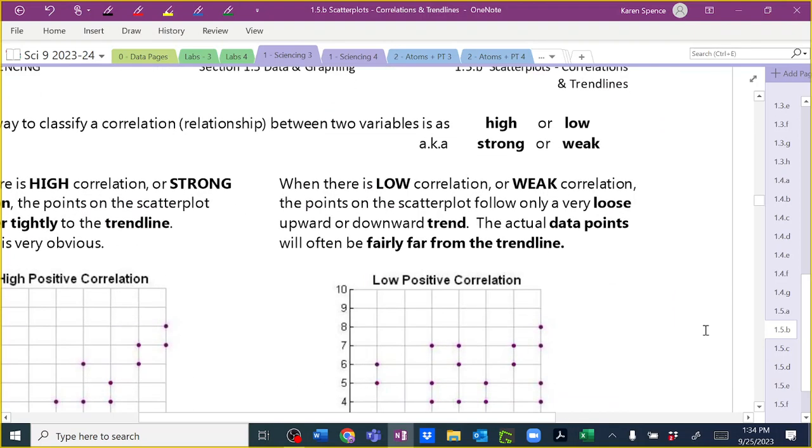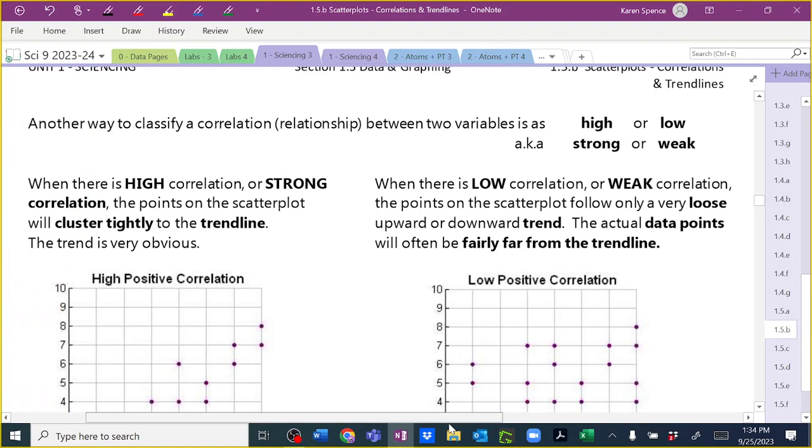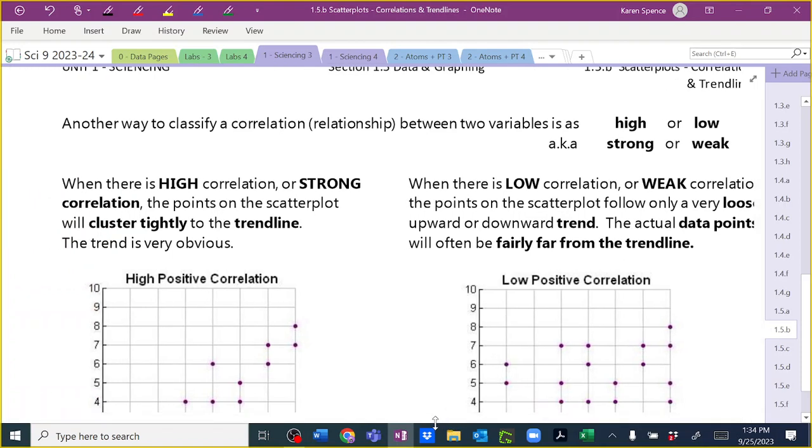Now, other ways of classifying correlations. If your data is tight, if it's all close to the trend line, if it clusters tightly to the trend line, then we have a high correlation.